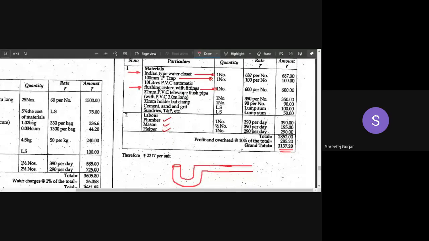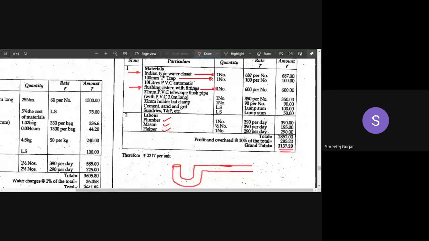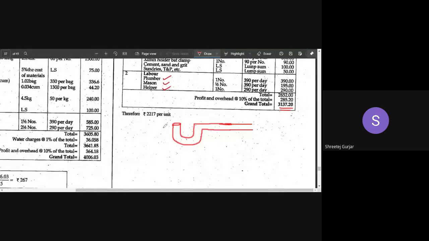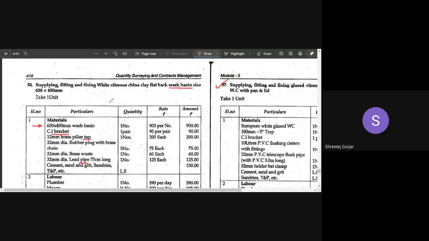Once you calculate the total quantity, that is 3,137, it is the same thing. Because we are calculating in units, there is no need to divide by anything. The grand total is the total answer that you have to write, because it is divided by 1, hence it will be the same. All these things are minor quantities, so no need to worry. In exams, these are rarely asked.